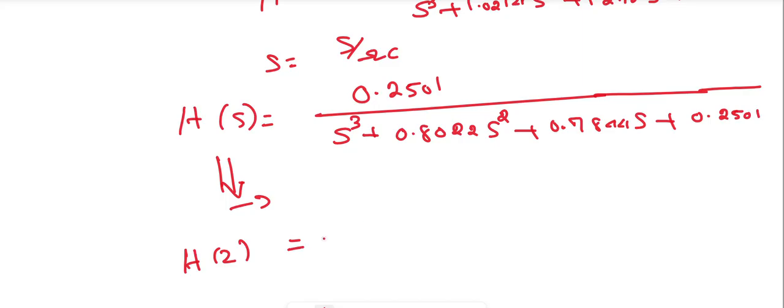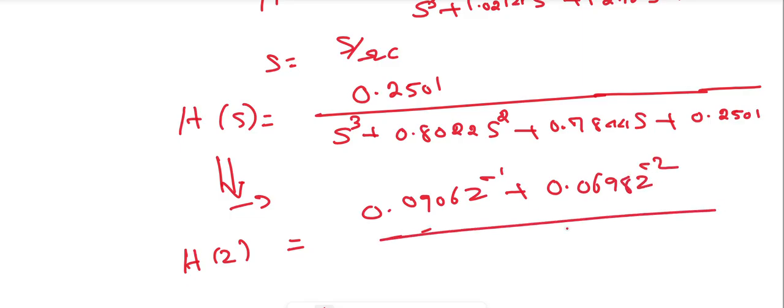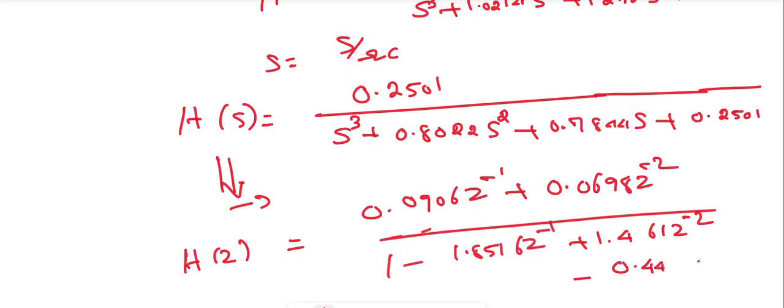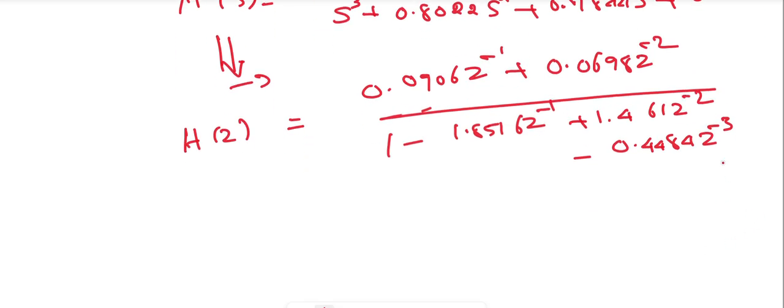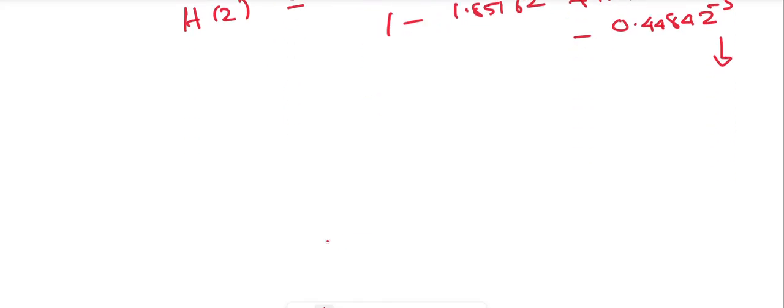So finally H of Z is equal to 0.0906 z inverse plus 0.0698 z minus 2 divided by 1 minus 1.8516 z inverse plus 1.461 z minus 2 minus 0.4484 z minus 3. Now the order is 3, so 3 delay elements are required to realize the system.